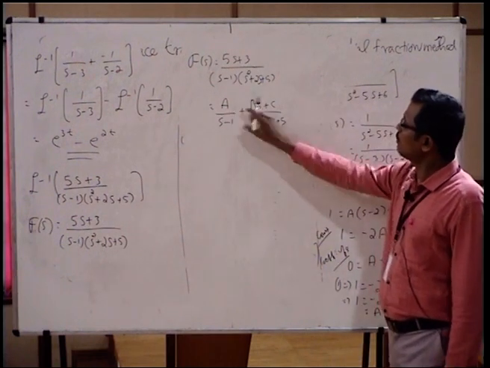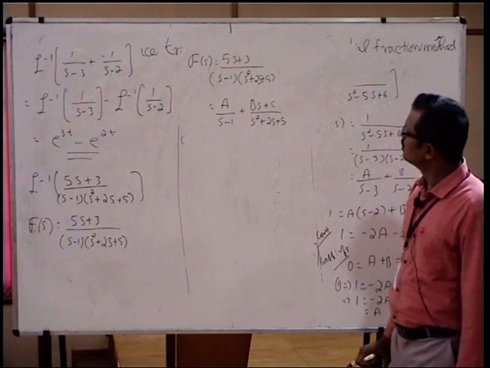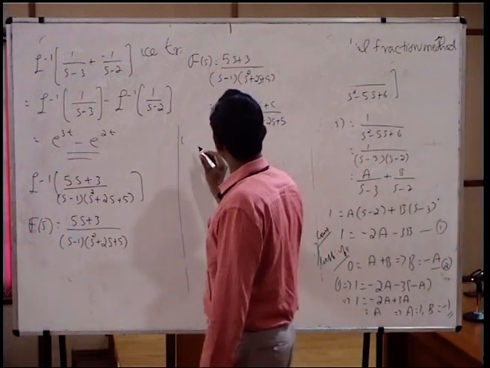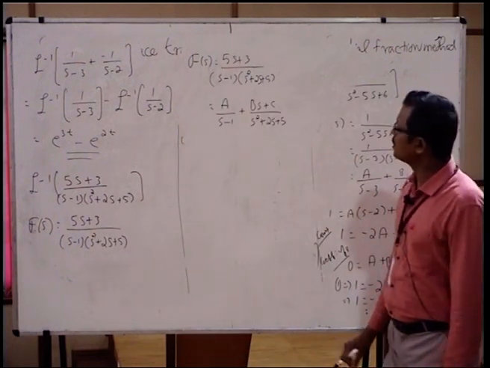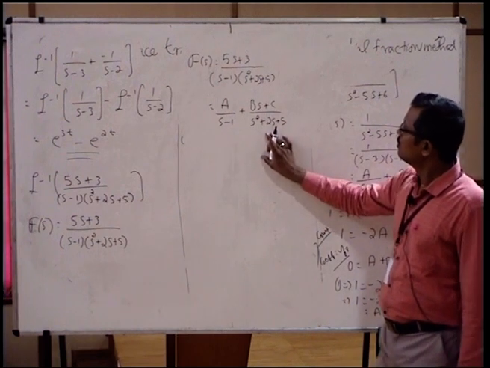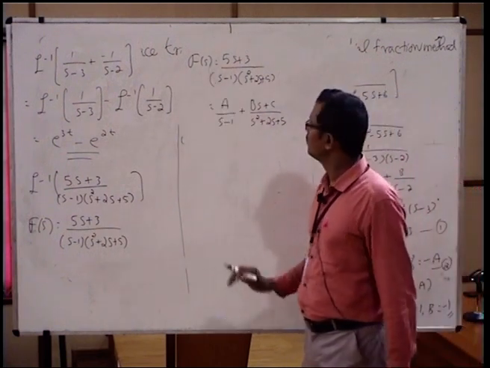Now to get the values of a, b and c, make the denominator equal on both LHS and RHS.